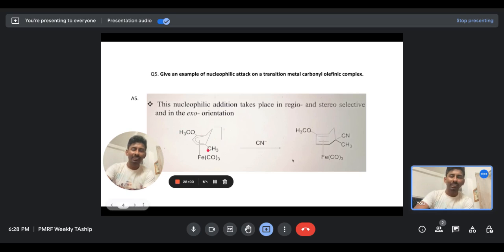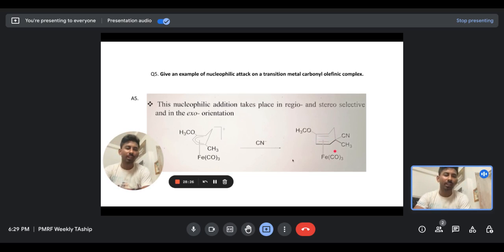But here, the plus I and the hyperconjugation from methyl is not that much greater. So in this case, the cyanide preferentially attacks this position, and then this positively charged carbocation becomes neutral, and the iron center then binds to this 1,3-butadiene kind of system.